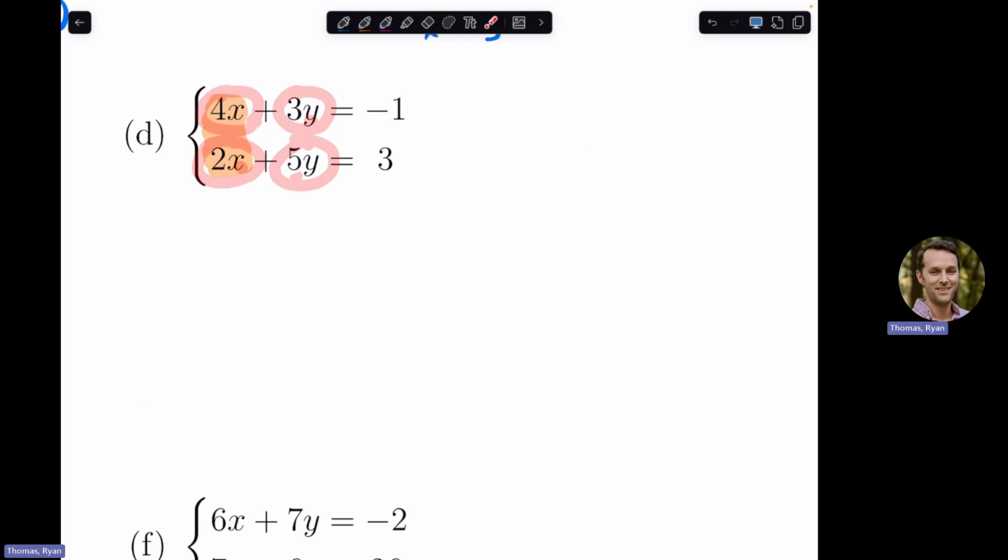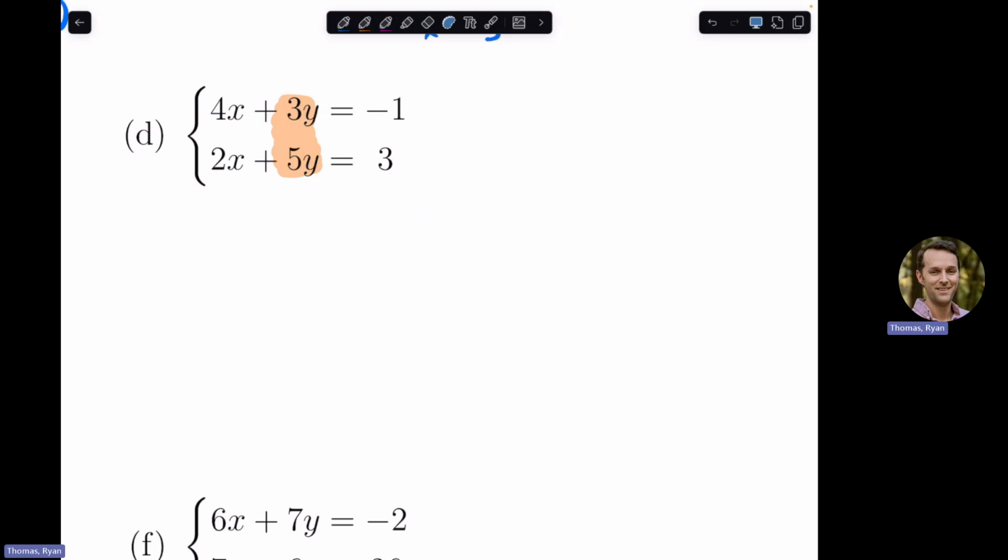I'm going to write substitution off, probably, and not even get into that. Let's look for a way to eliminate things. If I start looking at elimination, then I'm comparing the like terms. So I've got 4x and 2x. What if 4 and 2 both go into the least common multiple? That's 4. One of them's already 4, the other one's 2, so I can do that by multiplying this equation by 2, and I'll get those to line up.